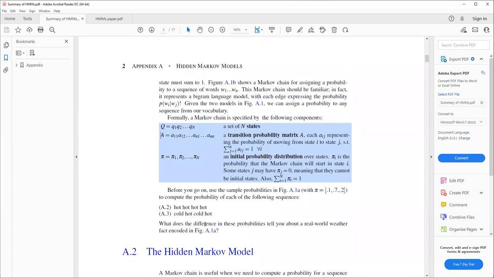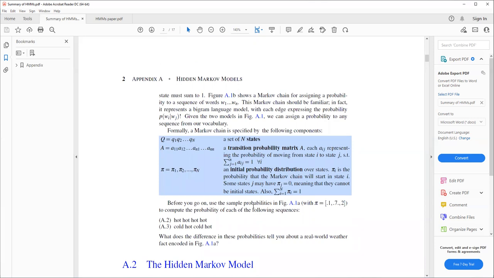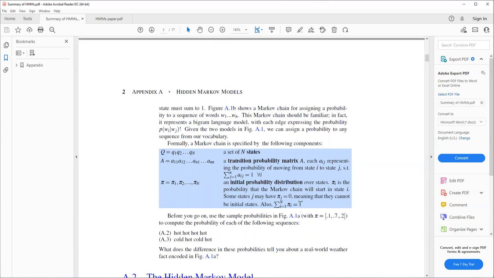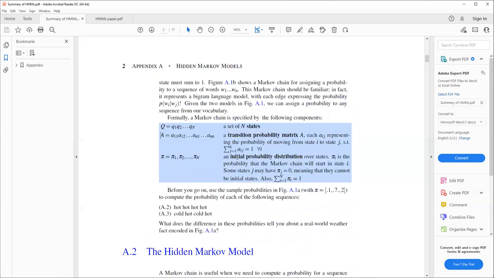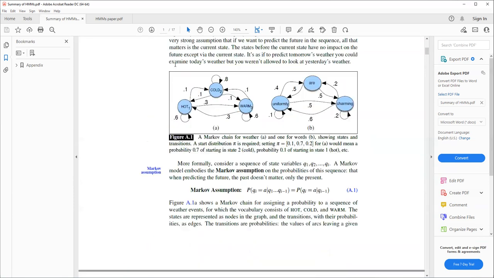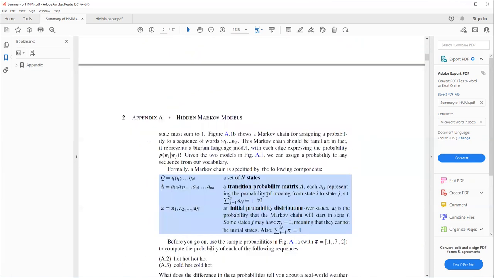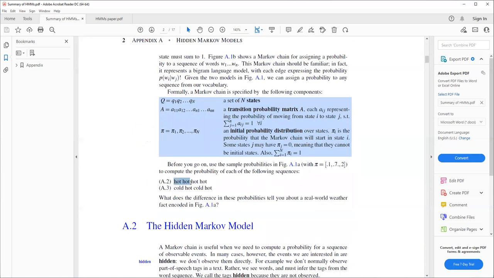So let's try a few things, and that's something you need to do as a follow-up exercise here. What is the probability, if you use the same sample probability distribution that is given over here for weather, hot, cold, and warm, and this is the sequence that we observe: 4 consecutive days that it's going to be hot, given that the initial state probability distribution, which is represented by pi, is 0.1, 0.7, and 0.2.